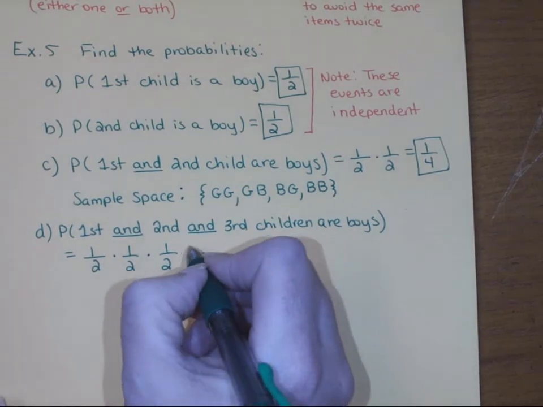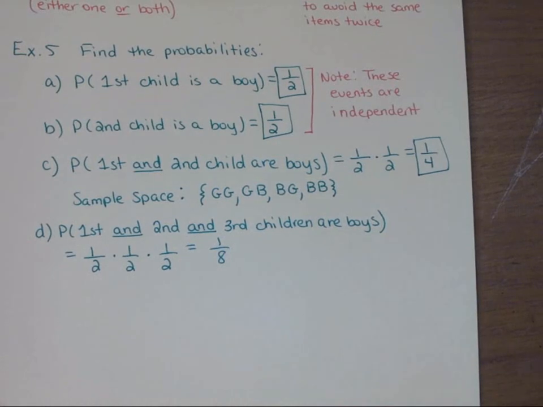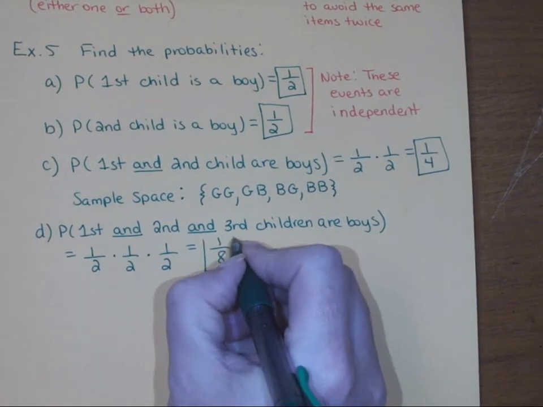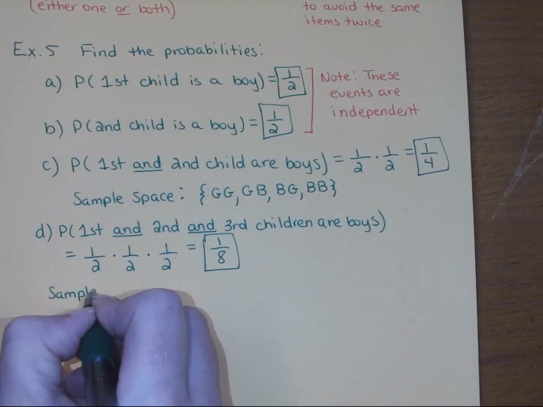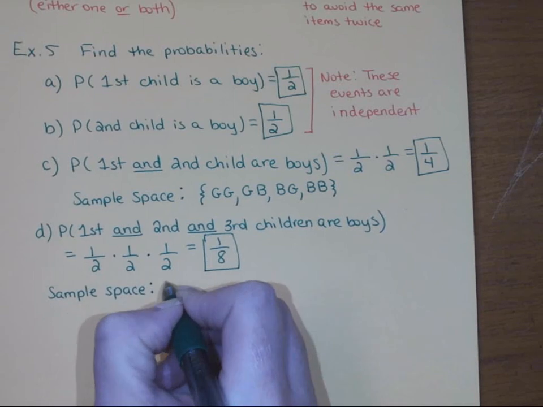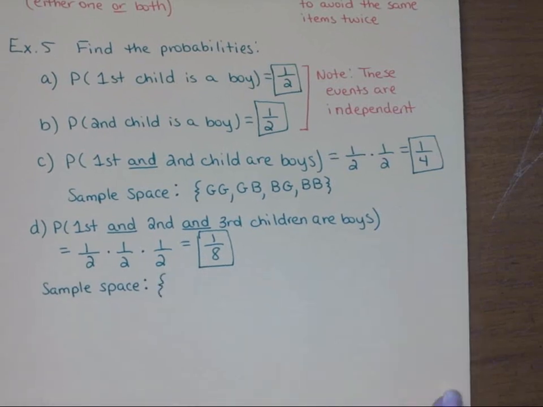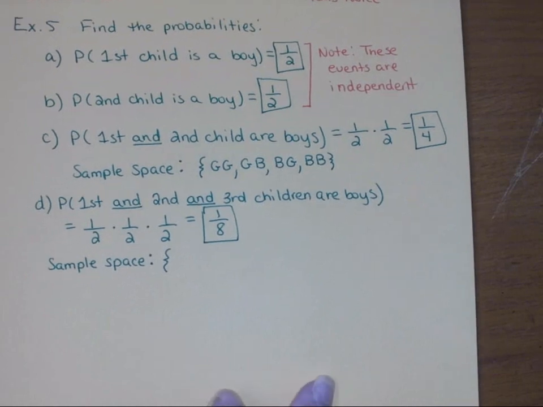If you multiply 1/2 times itself 3 times, you get 1/8. So this is the answer, but let's say that we wanted to look at it another way. Notice the sample space is going to be a little longer for this one, because we have more decisions to make. We have more events that need to occur.